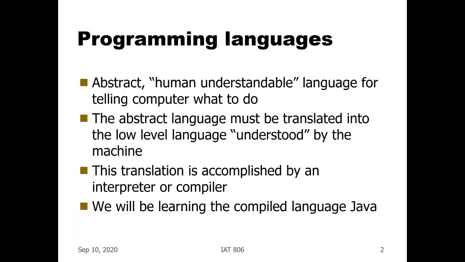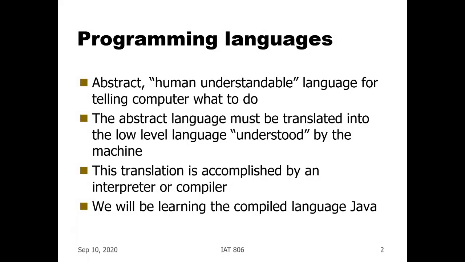But what goes on with programming languages that people use every day is that the abstract human understandable language must be translated into a lower level language, a more detailed and arcane language that is quote unquote understood by the machine.